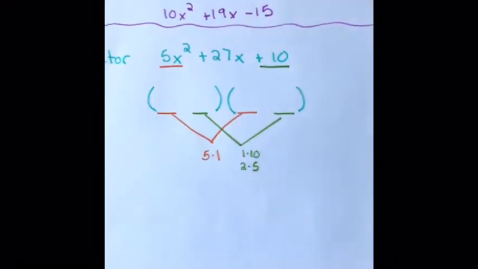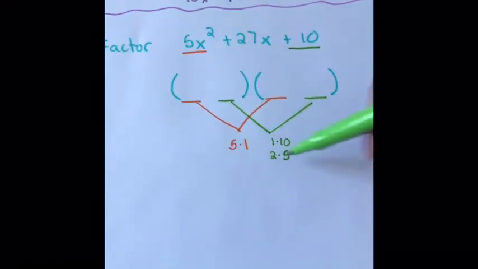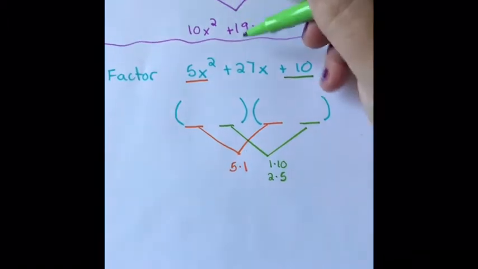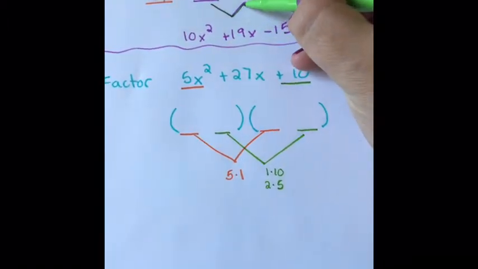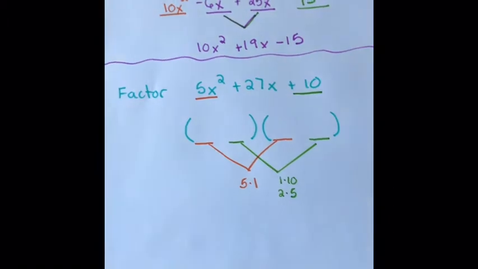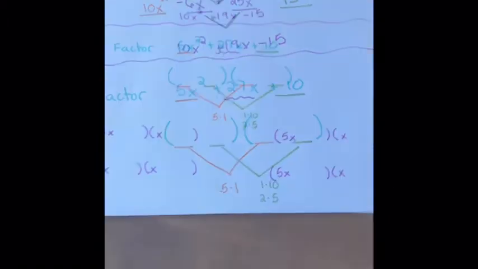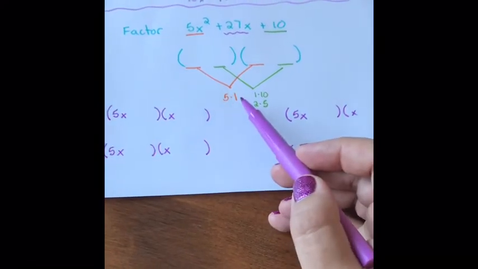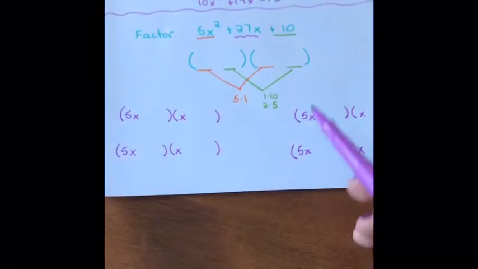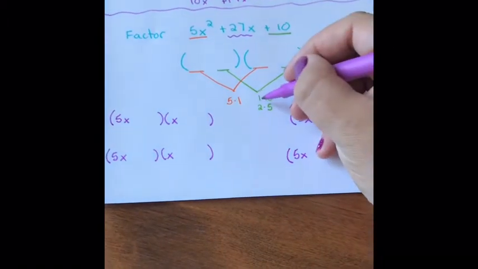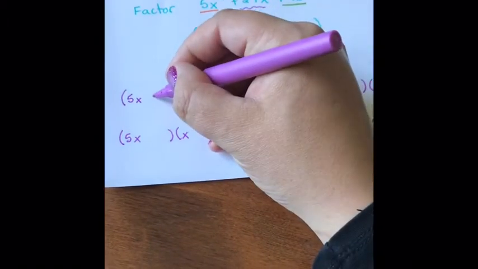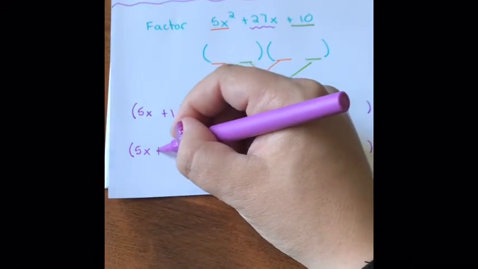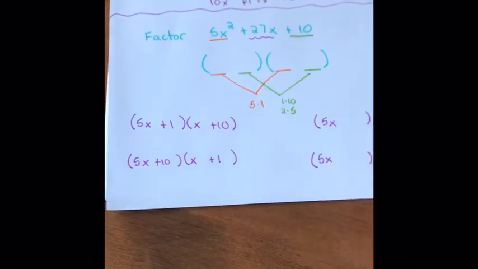So now the idea is you make a guess, combining these, and figure out which pair gives you the outside and the inside terms that give you that 27x. So I'm going to write out all of the options just so you can kind of see it. So 5x and 1x are the only possibilities for my first terms. So I have 1 and 10, so either it's plus 1 plus 10, or it's plus 10 plus 1.